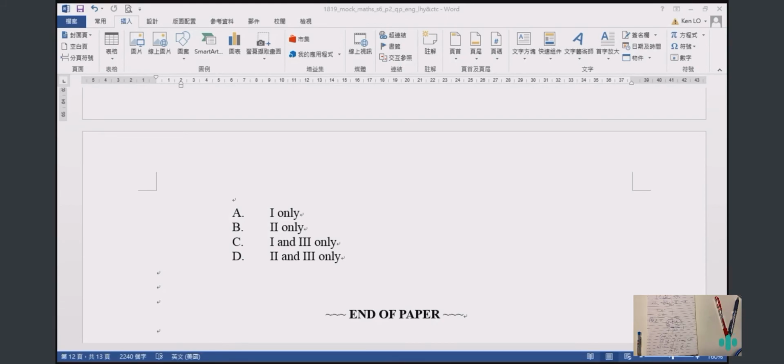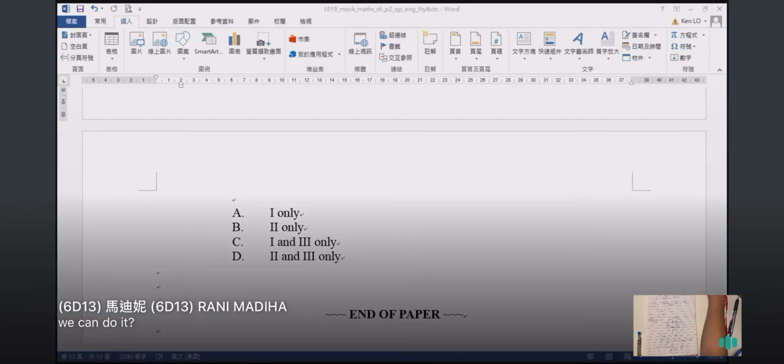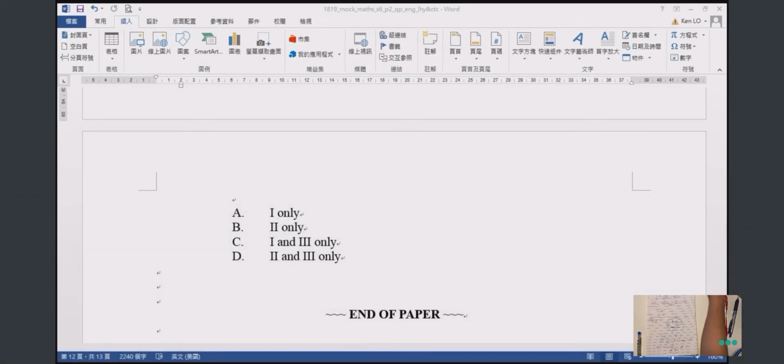Is it too little time for you to do it on your own? Any idea? Can you give me a reply? Is the time too short? If I want you to finish it and go through it with you tomorrow, I think you may spend about an hour to finish it all.